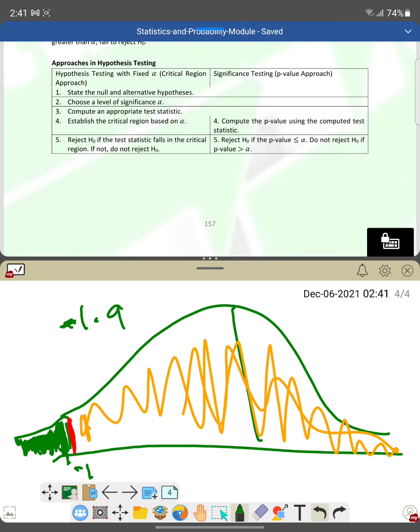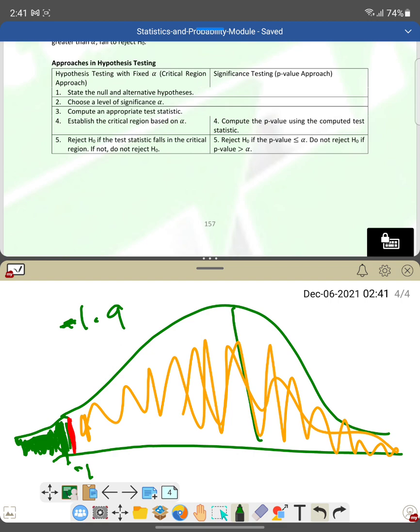Third is to compute the appropriate test statistic. Fourth, establish the critical region based on alpha. Based on the computed statistic, we already have the region. And fifth is the decision making.